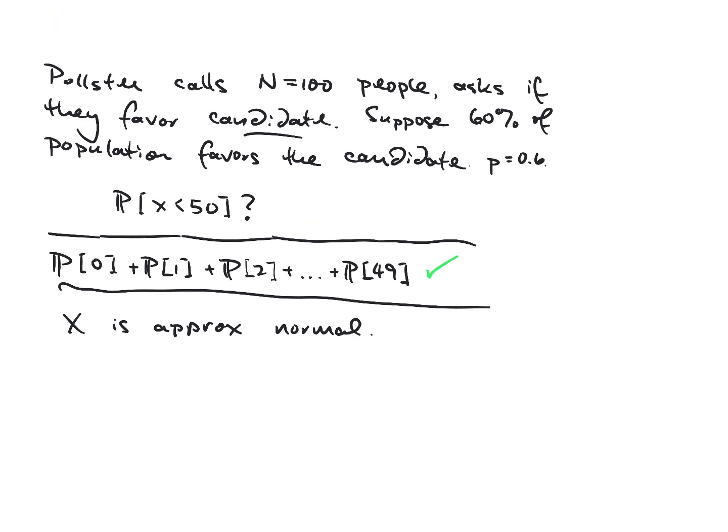In other words, if we have mu, the mean, and the standard deviation, sigma, then we can use the fact that x is distributed normally with a mean of mu, variance of sigma squared.